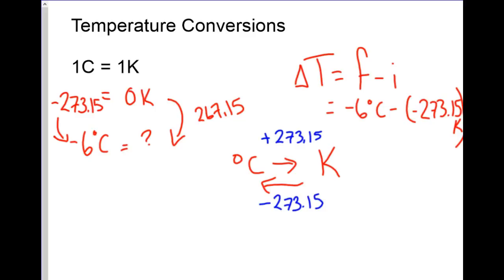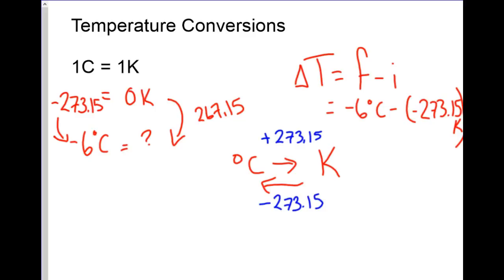The reason why it's going to be expressed in Kelvin is because this standard, which was 8.3 something, uses Kelvin, which means that our temperature that we put into that formula has to match those temperature units.